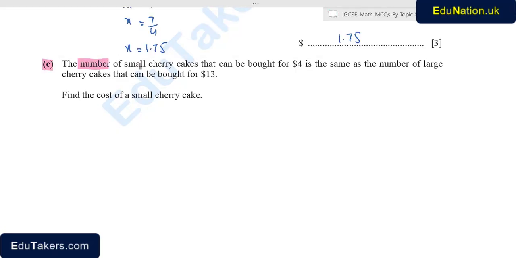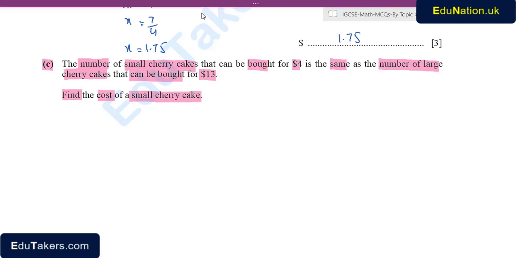Part C. The number of small cherry cakes that can be bought for $4 is the same as the number of large cherry cakes that can be bought for $13. Find the cost of a small cherry cake.